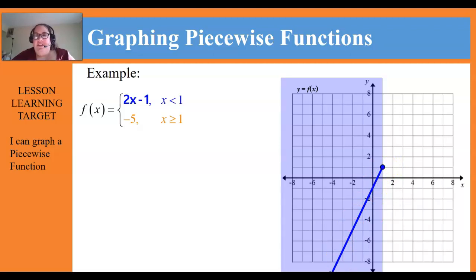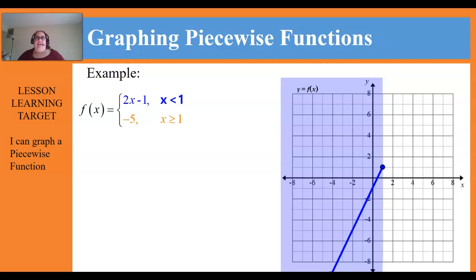Now that I have a good portion of my line graphed, I need to go back though and think about this x is less than 1. We only use this part of the graph as x approaches 1 from the left-hand side. But this value here, 1, is not a part of our solution set.